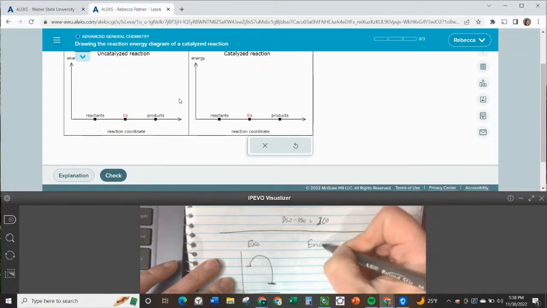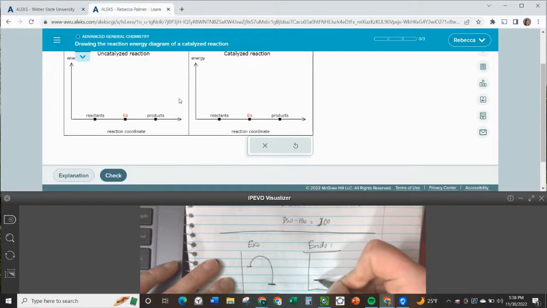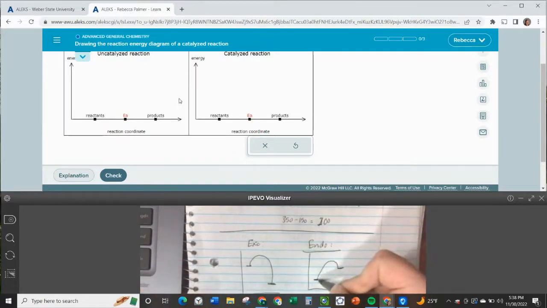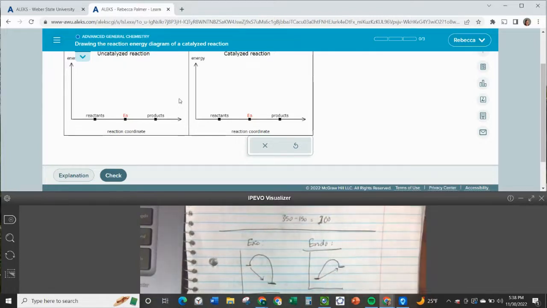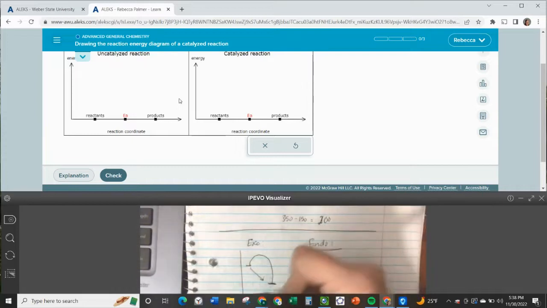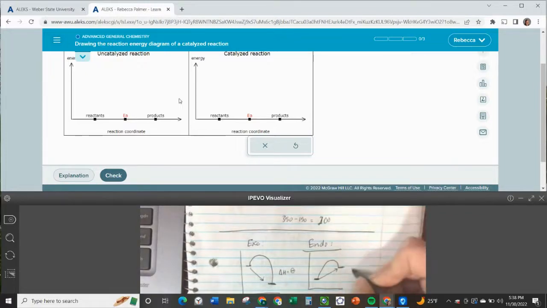For an endothermic reaction, the reactants are lower than the products. We have to put energy in to get to our products. Here we are losing energy in an exothermic. And remember, in an exothermic reaction, the heat of reaction is negative, and here the heat of reaction is a positive number.